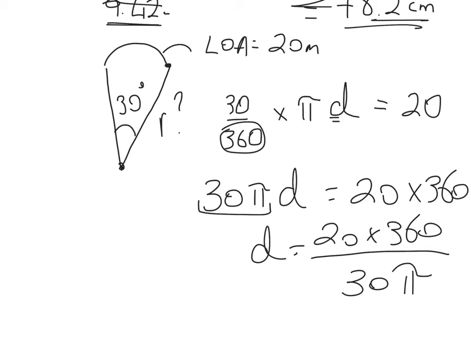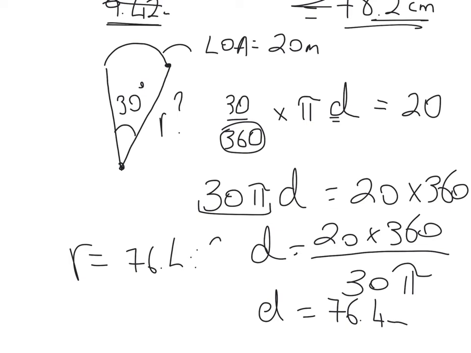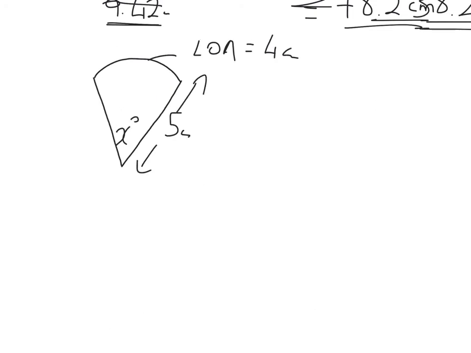If I throw all that in the calculator, I'll get a value for the diameter, and then I'll half that answer, so I'm going to give that a go just now. That gave me approximately 76.4 metres for the diameter. To get the radius, I just half that, and that will be 38.2 metres.